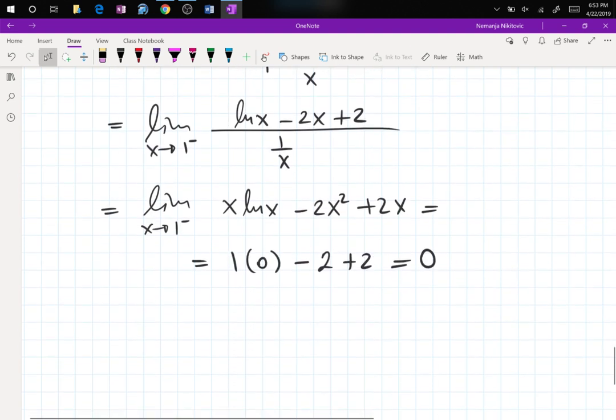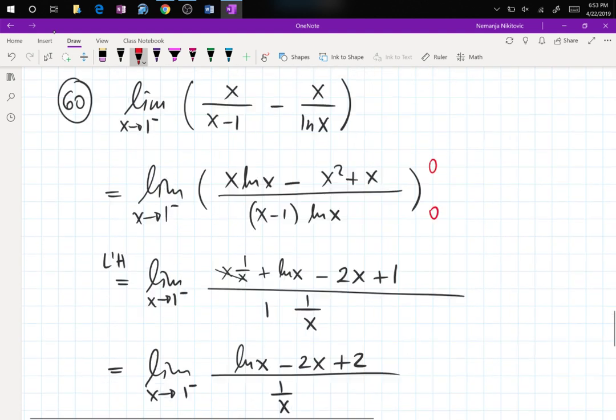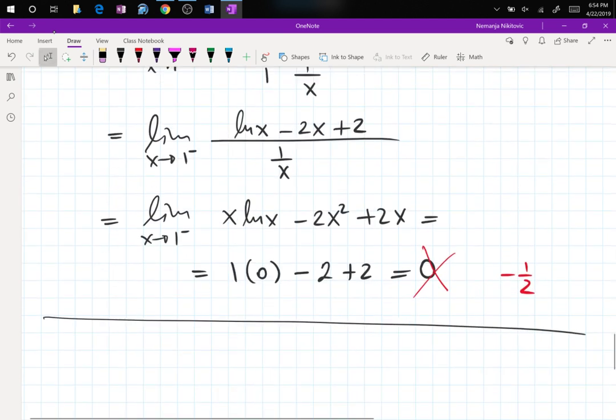I'll have to look at this. I don't want to waste time now. So, no, negative 1/2. We see it from the graph, and Wolfram says the same. I just don't know what the steps are. I can't find the mistake. It's somewhere over here, but I really can't spend the whole class fixing this. So we'll have to go back.